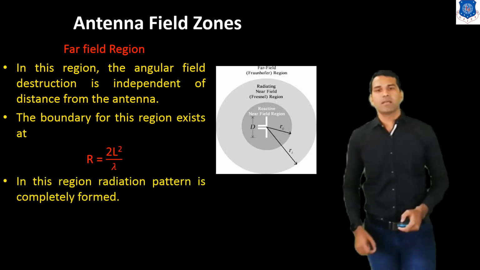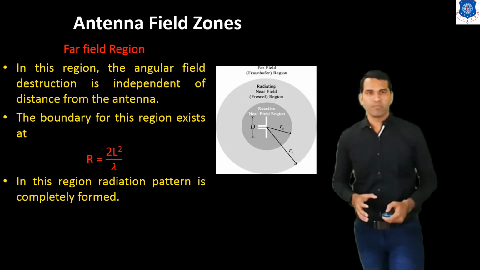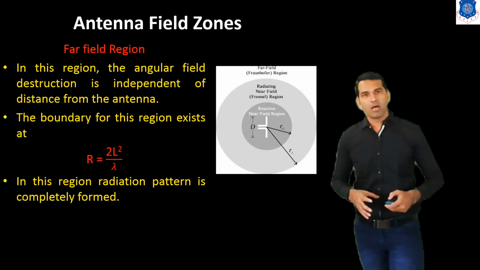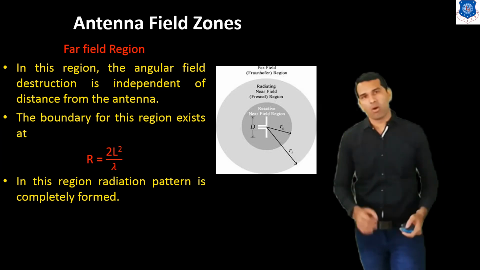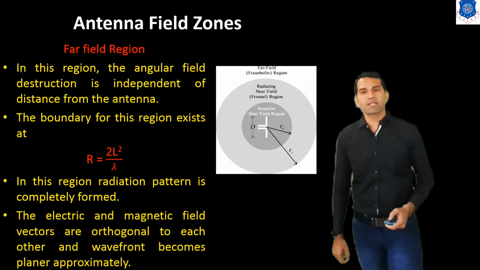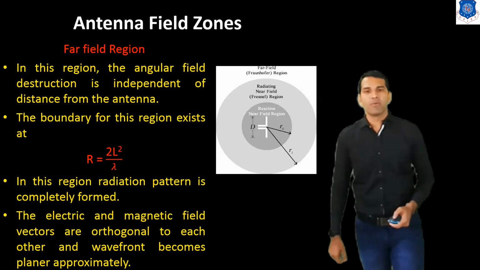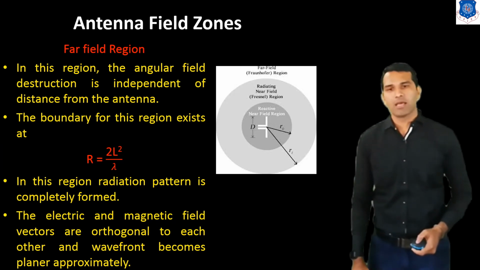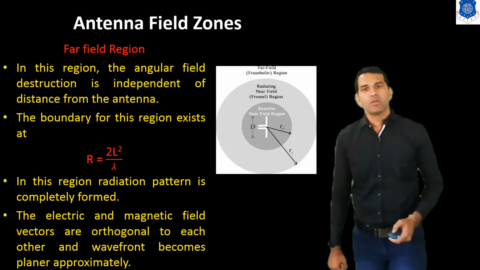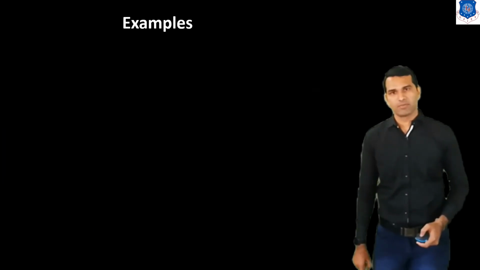In this region, the radiation pattern is completely formed. The electric and magnetic field vectors are orthogonal to each other and the wavefront becomes approximately planar. So this is the last region, the far field region.